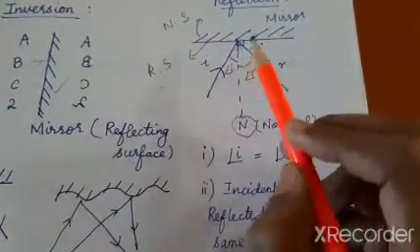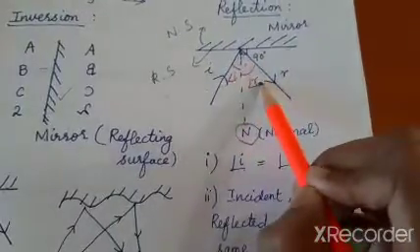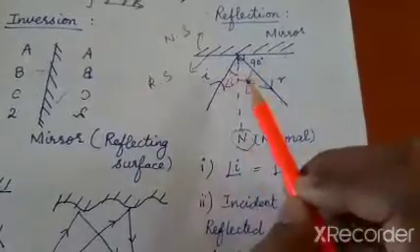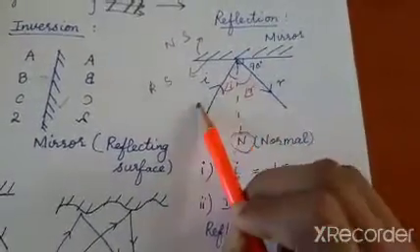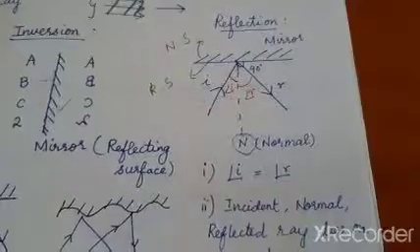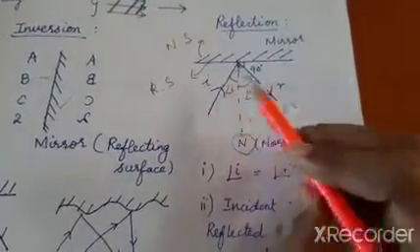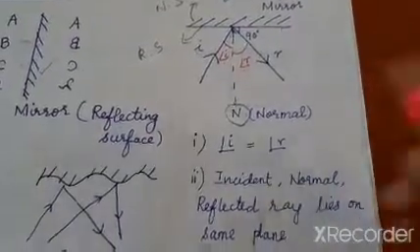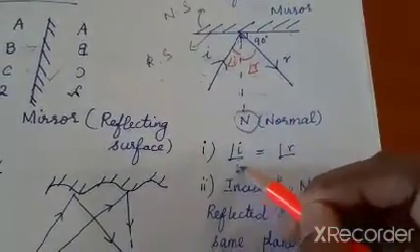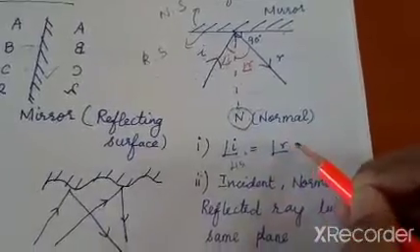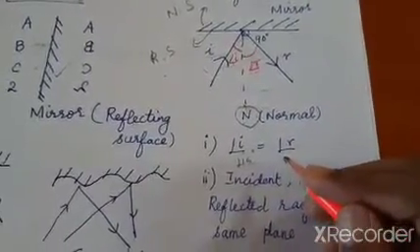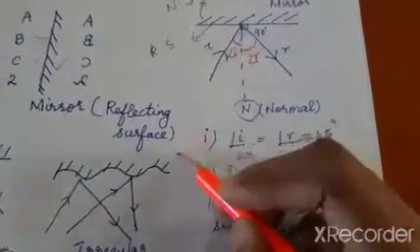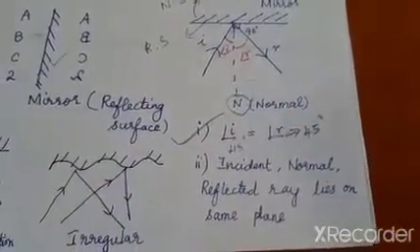If I measure the angle of incidence and angle of reflection, it would always be the same, because the normal itself bisects the incident ray and reflected ray at equal angles. For example, if the angle of incidence is 45 degrees, and you are asked the angle of reflection, what would be the answer? It is also 45 degrees by the law of reflection.